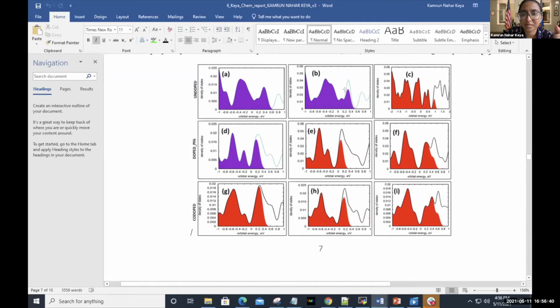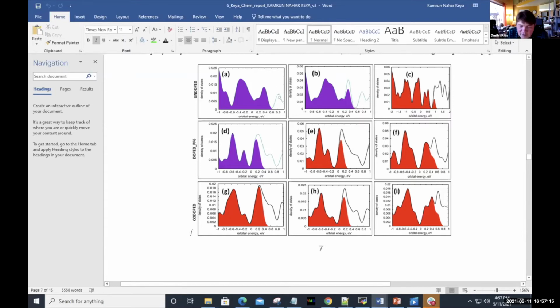Band gap, like, if you see that they are overlapping with each other, that means this state shows more conductivity. When we remove electron from the model, the cationic state shows more conductivity compared to the neutral state. Like this, there is a band gap, but there is not.